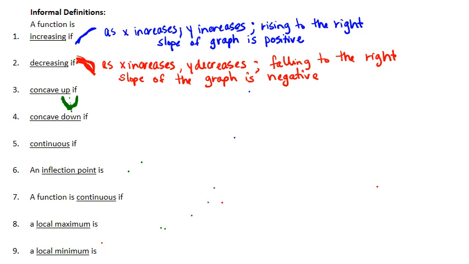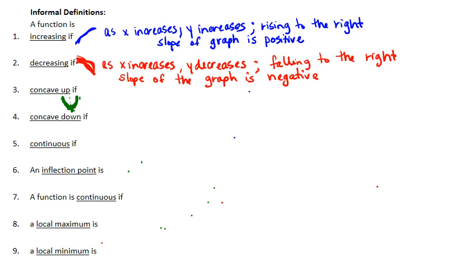If I think about the increasing portion of the graph, then my slope here starts near zero. By the time I get to this portion of the graph, I have a much steeper positive slope. So my slopes on the increasing portion of the graph are also increasing. So over the entire concave up portion of the graph, I have slopes that are increasing.